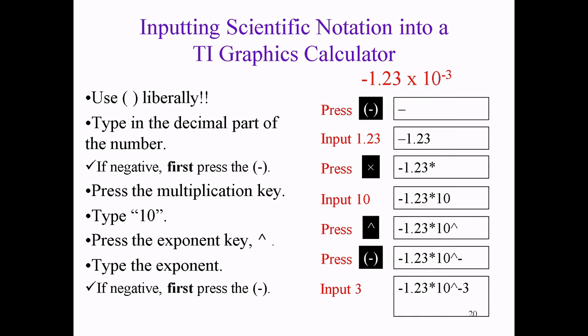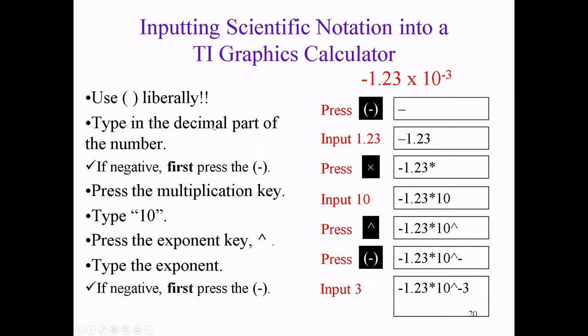What that does is help ensure that the order of operations the calculator's following is the one you intend, right? Because you could wind up with a different number if it adds and then multiplies, or multiplies and then adds, but you wanted it to do something different. You need to make sure you're being very explicit with the calculator.